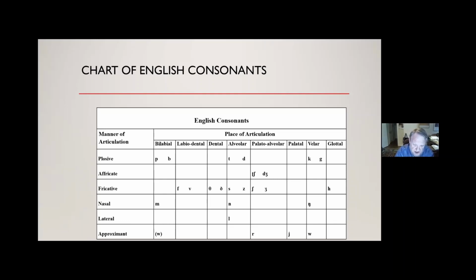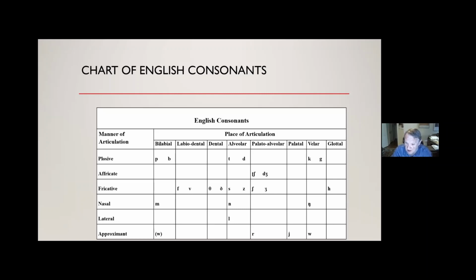The approximants, W, it's in two places, labiovelar. Lateral, the L, alveolar, but with the side of the tongue lowered. The R is in approximately the palato-alveolar, the alveolar region in the middle of the mouth.